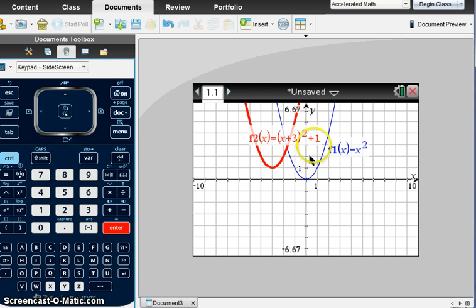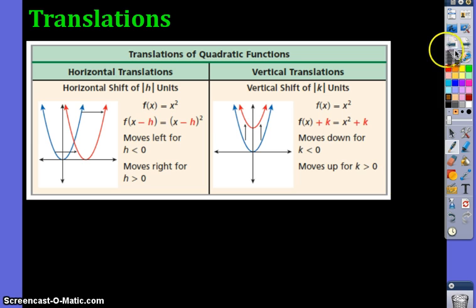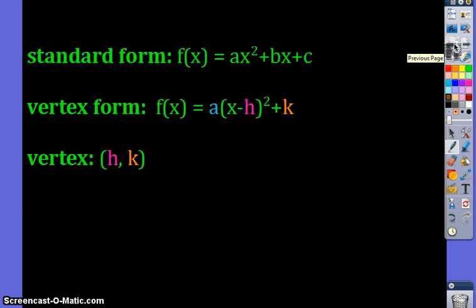Alright, the first one, you can see here I've already pulled up the parent function x squared, and then here's another one for you, the quantity of x plus 3 squared plus 1. Now you might be thinking, Mr. Peterson, I can see why the plus 1, it moved 1 up, but why the plus 3? To answer that question adequately, we have to think back to vertex form of a parabola.